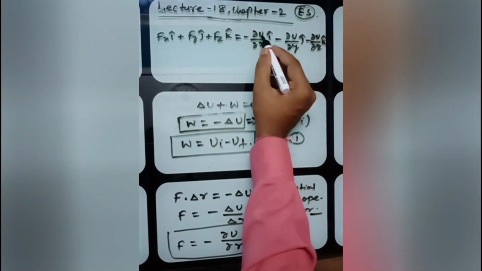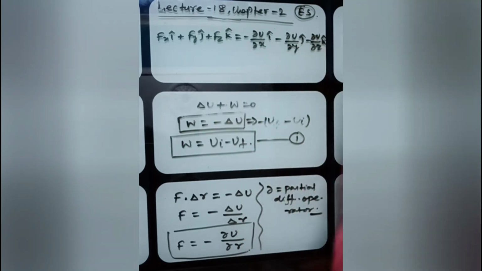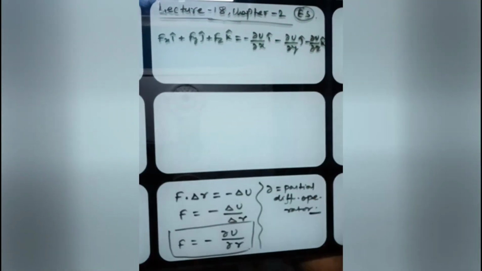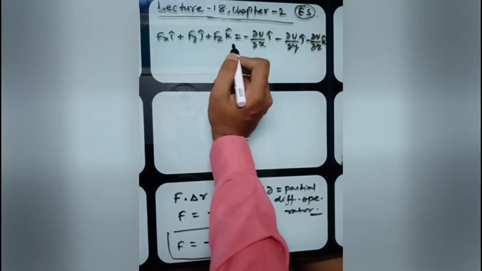Here u is a function of x, y, z, that is, a function of space. This is the vector form of force.